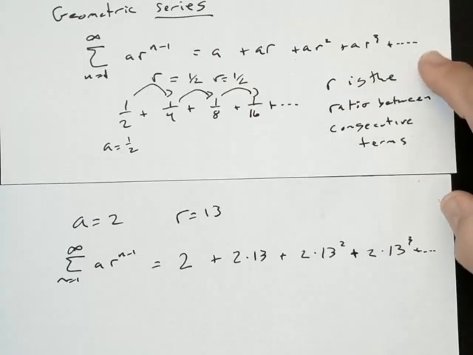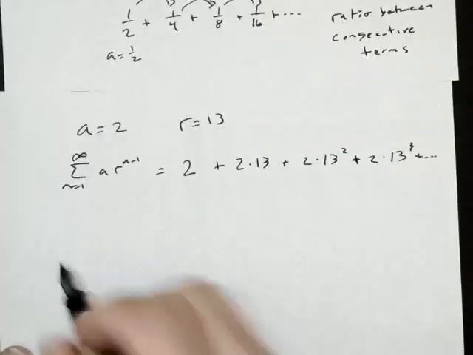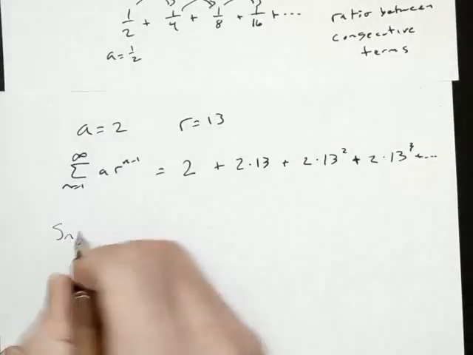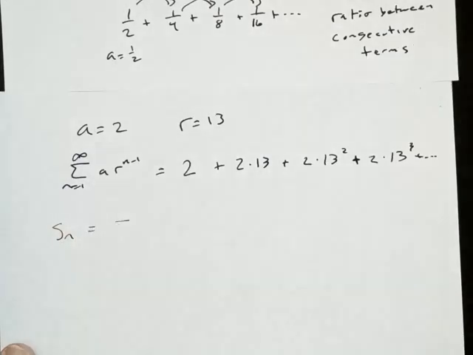I think this format up here, this way of writing a geometric series, AR squared, I think that's my key to figuring out a way to add these up. Let's look at a partial sum. You know what?